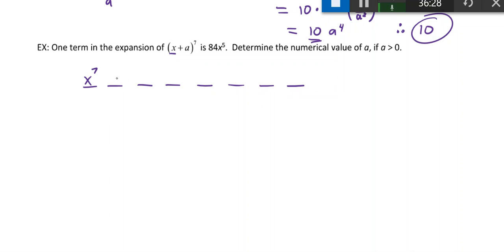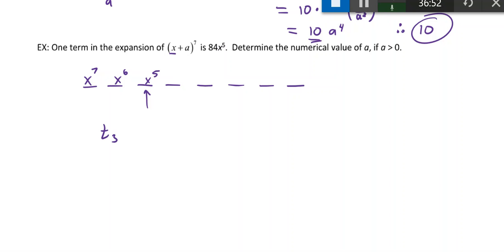Now the next one would be x to the power of 6, and then x to the power of 5, and oh yeah, so that's it, right? That's the one we wanted. We figured that out from here. They told us also the coefficient, but to figure out what term it was, I was able to use that information. Okay, so now we know that we're looking for T3.